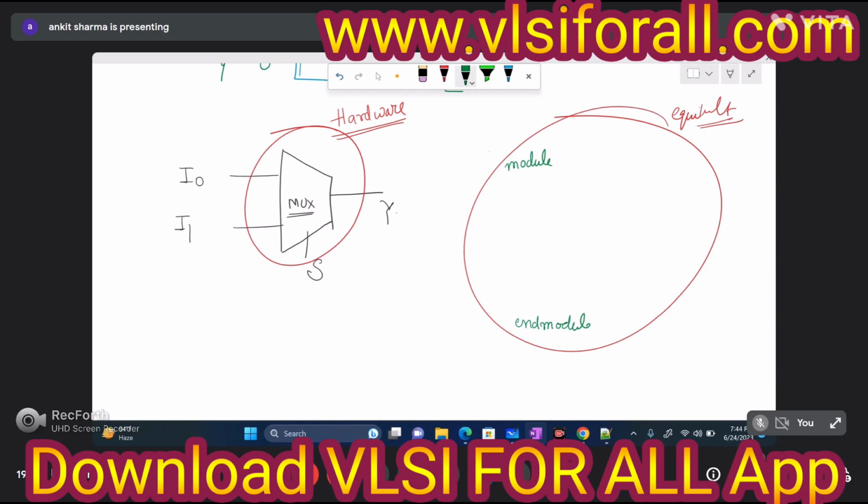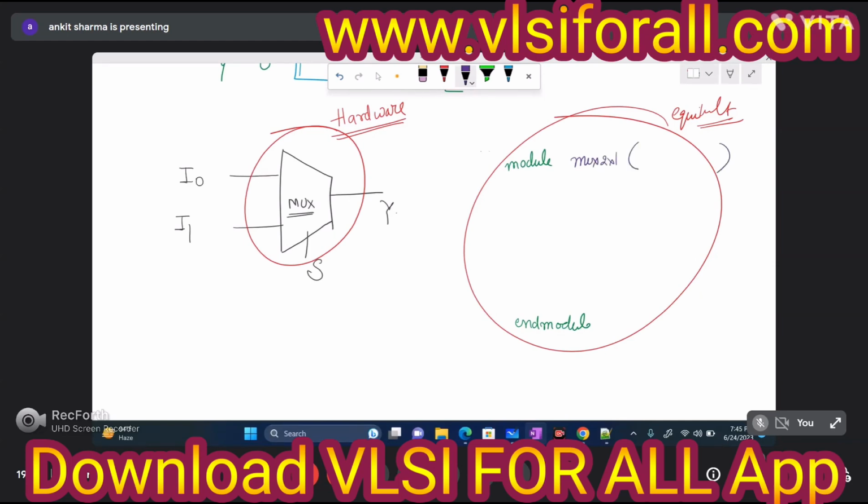In one line, I can tell you that a language is nothing but a set of instructions. The Verilog developer gives some instructions, like keywords, and it should be something like y equals a comma b. It is a set of instructions. You should not worry about it at this stage, on the very first day.